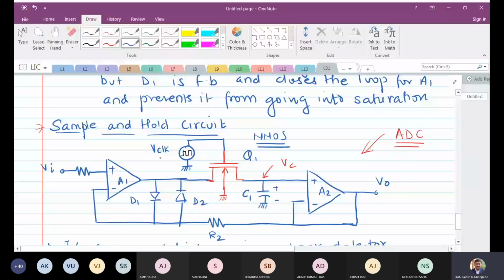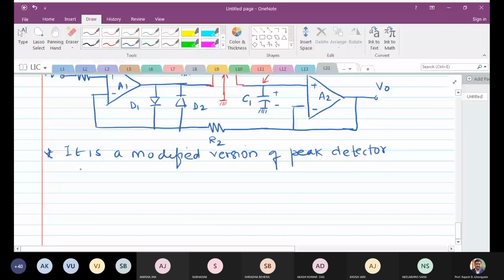Okay, so let us write down about this and then we'll end the meeting. It is a modified version of peak detector.